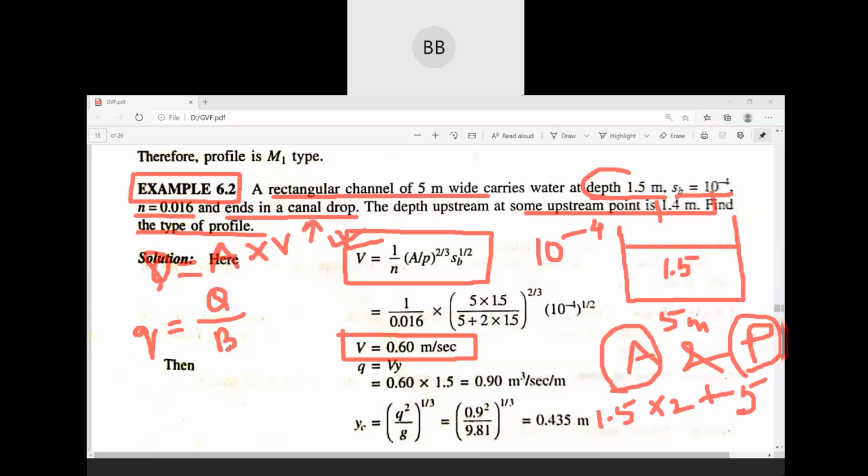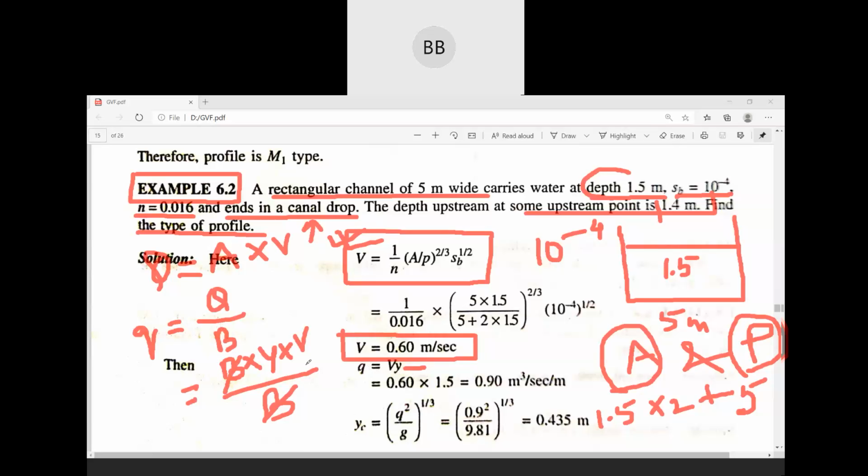So here in place of discharge you can write area into velocity. In place of area it is capital B into y, multiplied by velocity, divided by capital B. So this B will cancel out. What will be left? Velocity into depth of flow. That's why they have written here V into Y. So don't confuse, this is nothing but your discharge per unit width of the channel.